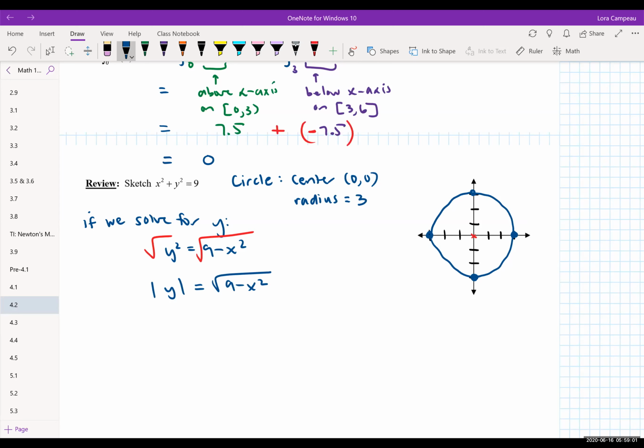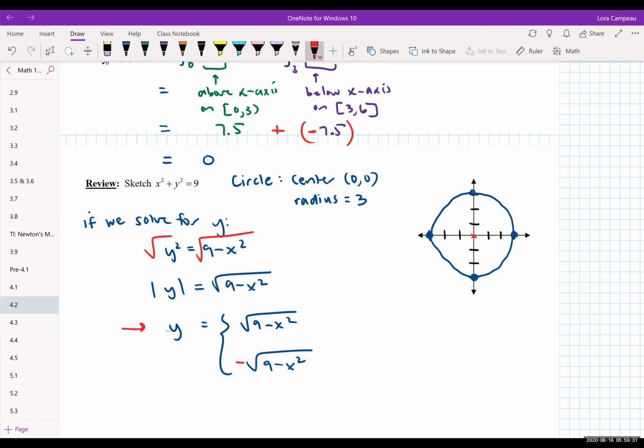And then we remember that when you have the absolute value of y, it gives you two cases. So if you were to isolate your y without needing an absolute value, you break it up into a piecewise function. And you have the positive case, the square root of 9 minus x squared. And then you also have the negative case, which explains why we have the plus or minus in the first place.